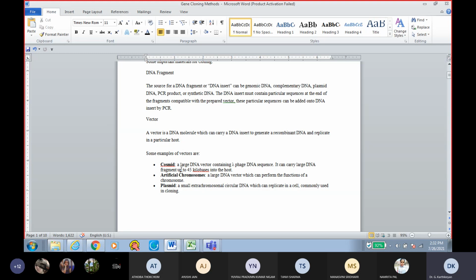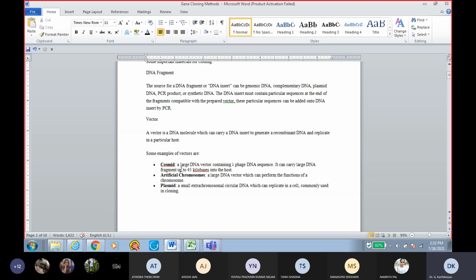Okay, but there are certain specially engineered plasmids that can carry slightly larger DNA fragments, but generally they are not used in routine molecular biology labs. Okay, cosmids are different from plasmids, and they typically can carry up to 45 kilobase pairs into a host.